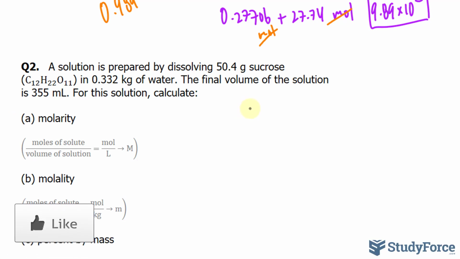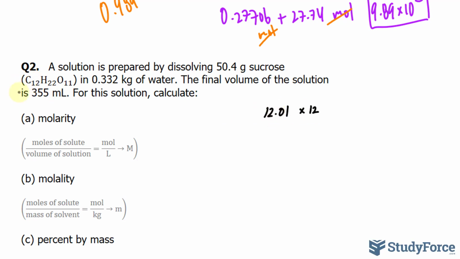To do that, I'll take the molar mass of one individual atom of carbon, which is 12.01, multiply it by 12, because there are 12 atoms in one molecule. The molar mass of hydrogen is 1.01 times 22, and oxygen is 16.00, and we'll multiply that by 11. So we'll take the product of each of these, add them up, and that will give us the molar mass of one molecule of sucrose.